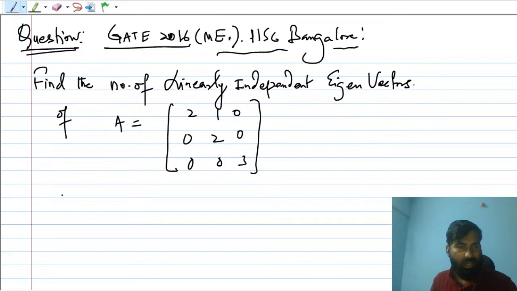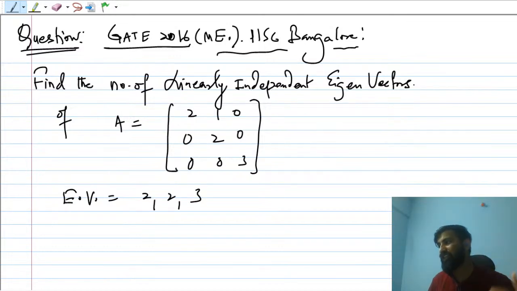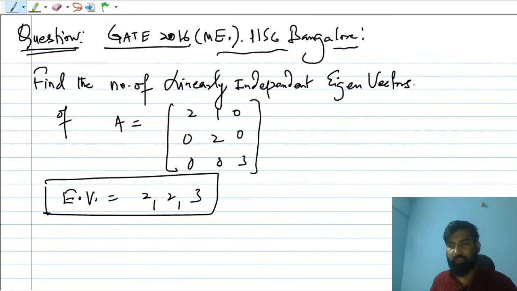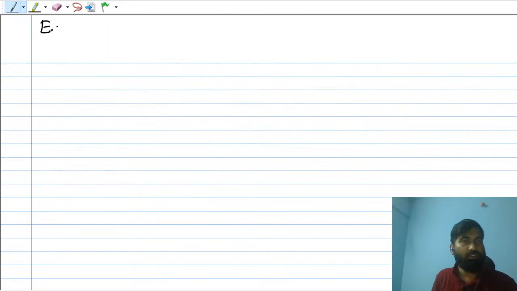In this case, the eigenvalues of A will be 2, 2, and 3. Now the magic is that you can tell the algebraic multiplicity of 3 first. So let me go to the next page and try to solve this. We have got the eigenvalues here, that is 2, 2 and 3.